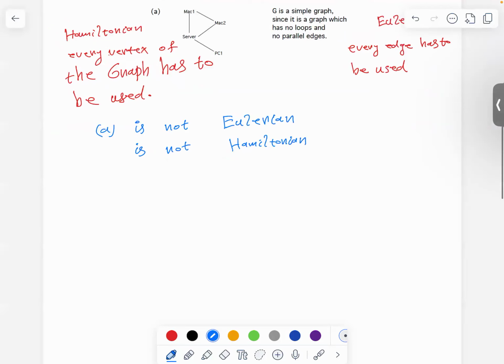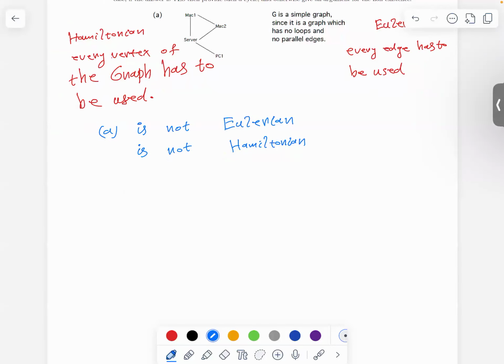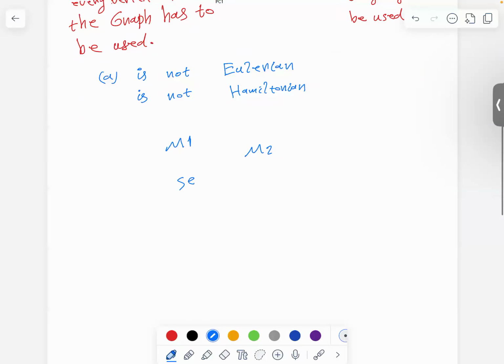Now let's have a look at the graph again. Mac 1, Mac 2, server, and PC. We see that if I eliminate the server vertex, then all the incident edges will be eliminated.